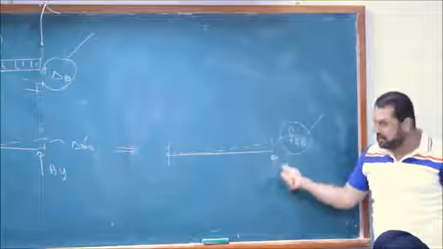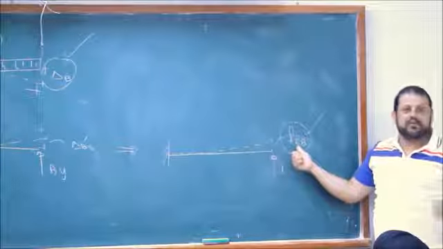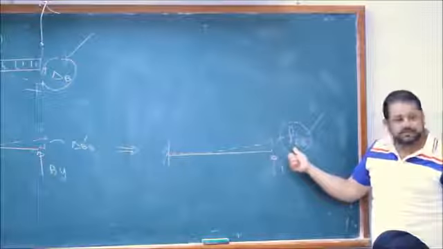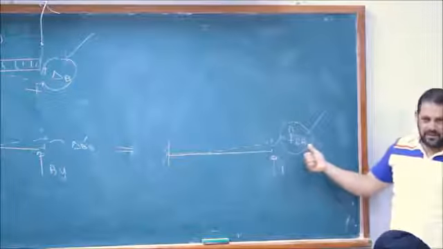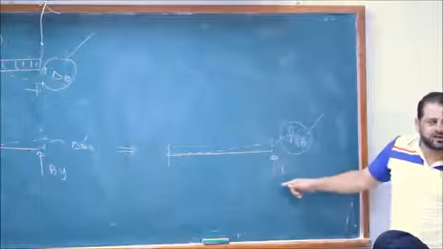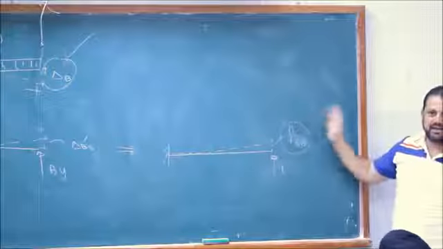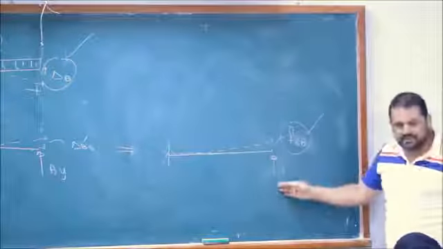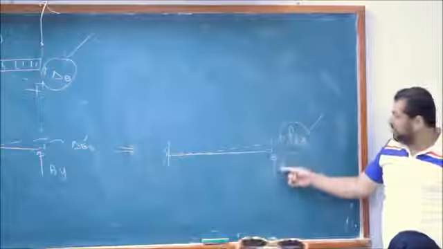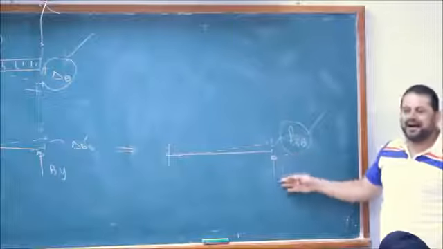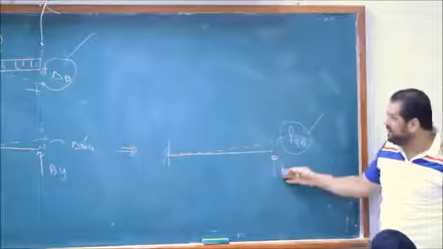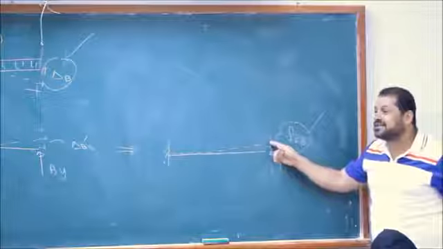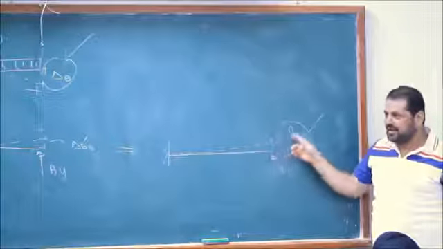If I put 1 here I will get FBB. If I put 10 here what do I get? 10 FBB. If I put 100 it's linear. If I put By I'm going to get By FBB. The deflection here will be By FBB.